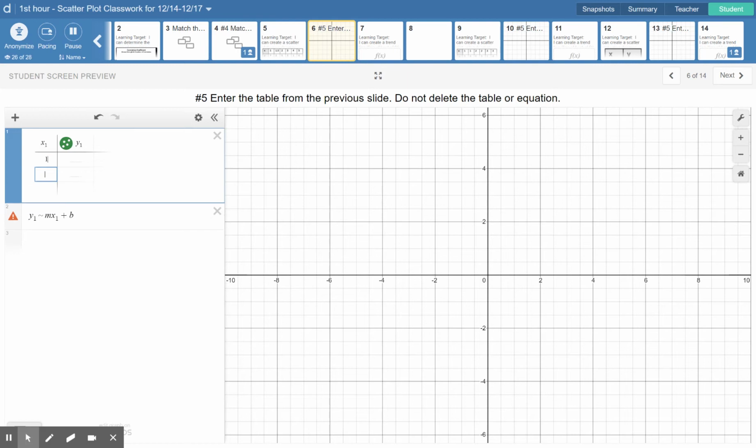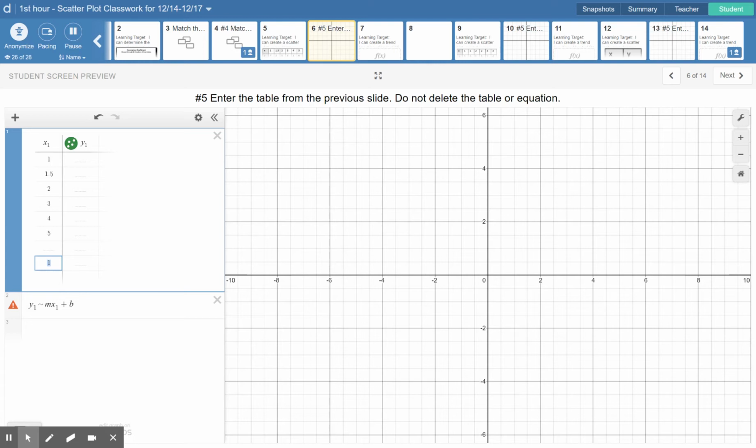Now I like to enter all of my x's first and then go do all my y's. It's up to you. Now I entered 1 again, so I'm going to delete that. You always want to double check to make sure your inputs and outputs are correct, because one small mistake is going to skew your data.